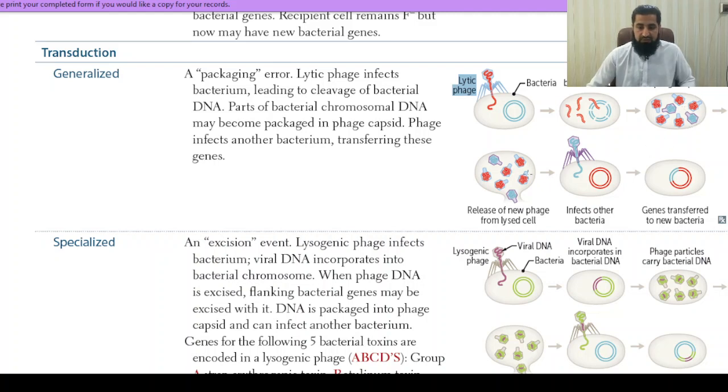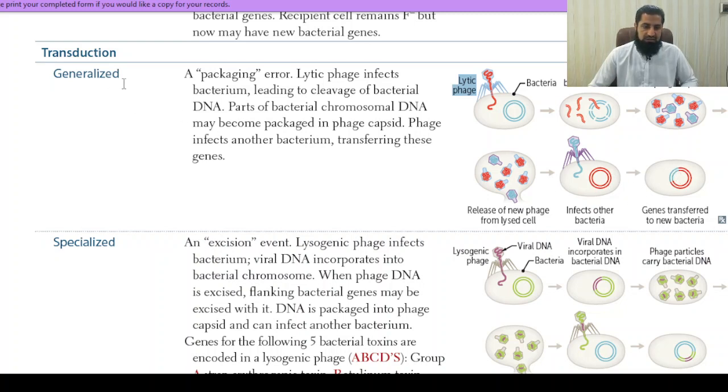When the phage and capsids are formed, lysis of the bacterial cell occurs, releasing new phage from the lysed cell. This phage again infects another bacterium, and by infecting it, these genetic materials get transferred into the new bacterium. So this genetic material will be different from the previous one.